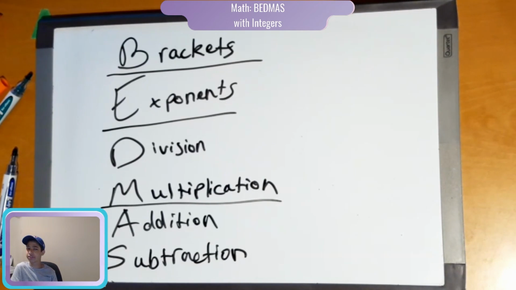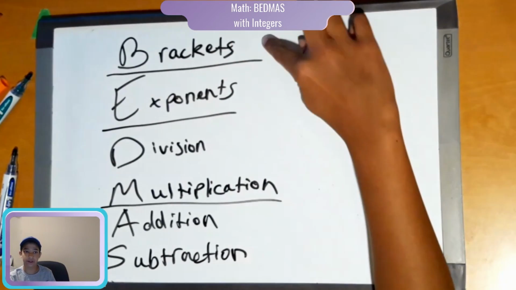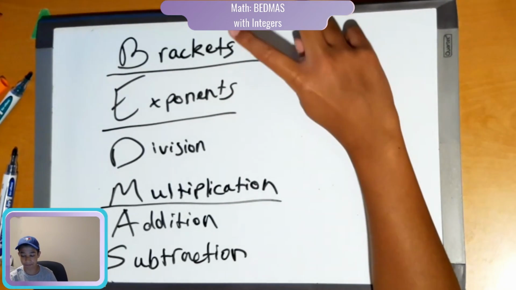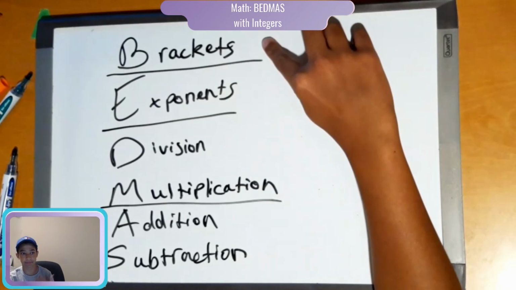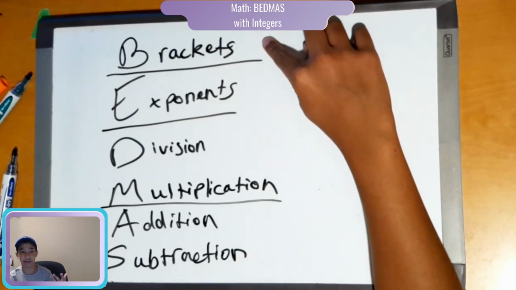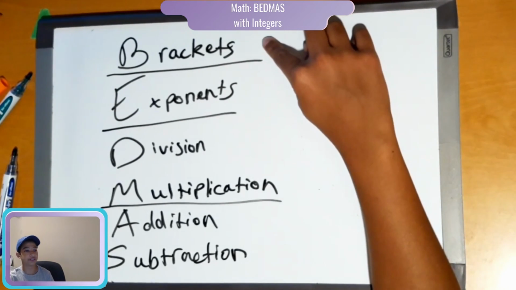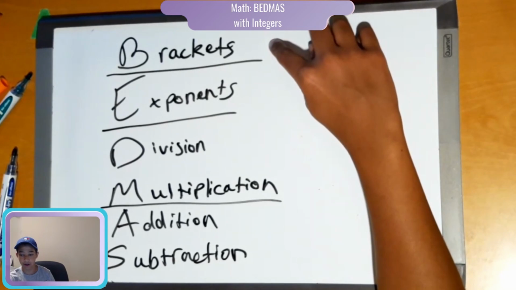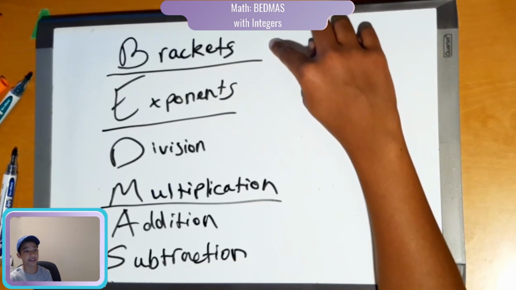So what does this all mean? If you have a set of the equation in brackets, like 3 plus 6 or something, then you do that first.